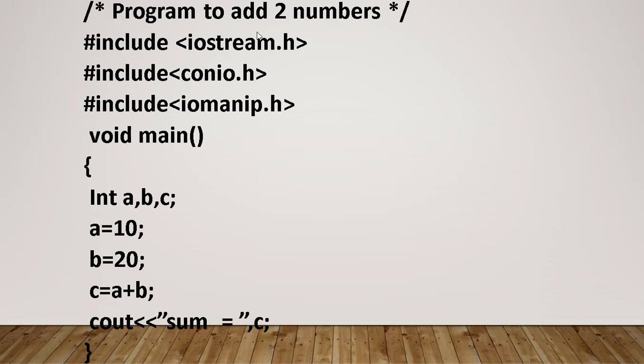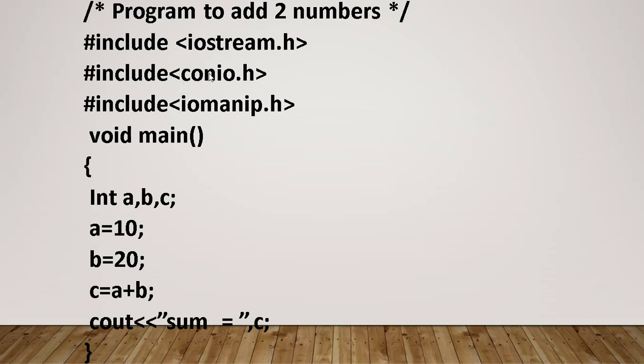In this program, we are going to find the sum of two numbers, that is, add two numbers. #include <iostream.h>, that is input output stream .h. All the functions related to input output will be present in this iostream.h, for example cin, cout. Then we have #include <conio.h>. Conio is console input output, .h is header file.